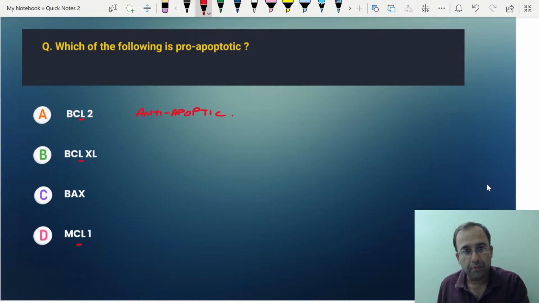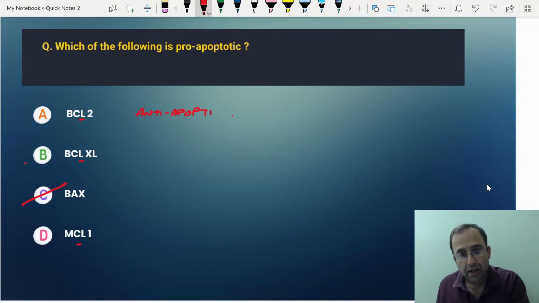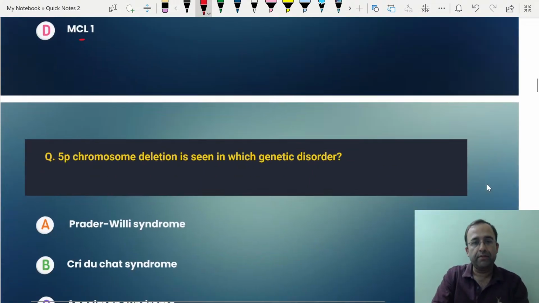What is the only exception to this? BCLXS, which is pro-apoptotic. So what is left? BAX, which is pro-apoptotic. BAX did not have L. BCL2, BCLXL, MCL1, FLIP, all these are anti-apoptotic in nature.